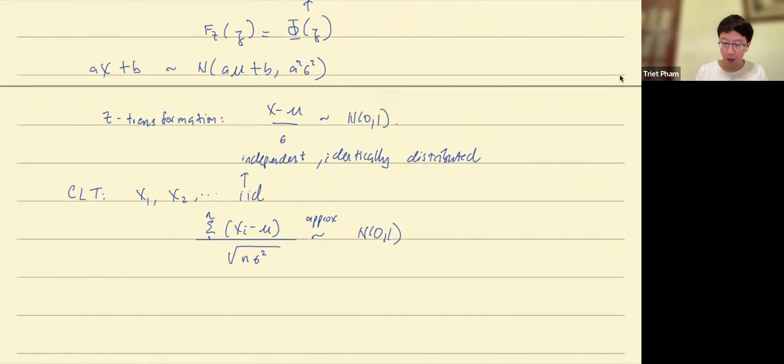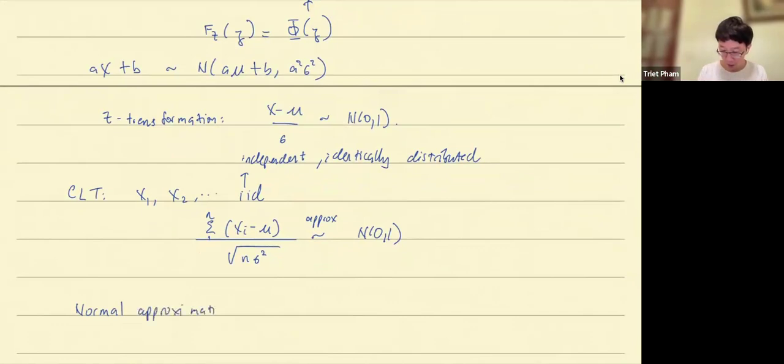The reason I want to mention this is that what you are asked to know in this section on normal random variables is the normal approximation to the binomial, which, as I mentioned, is a particular case of the central limit theorem.